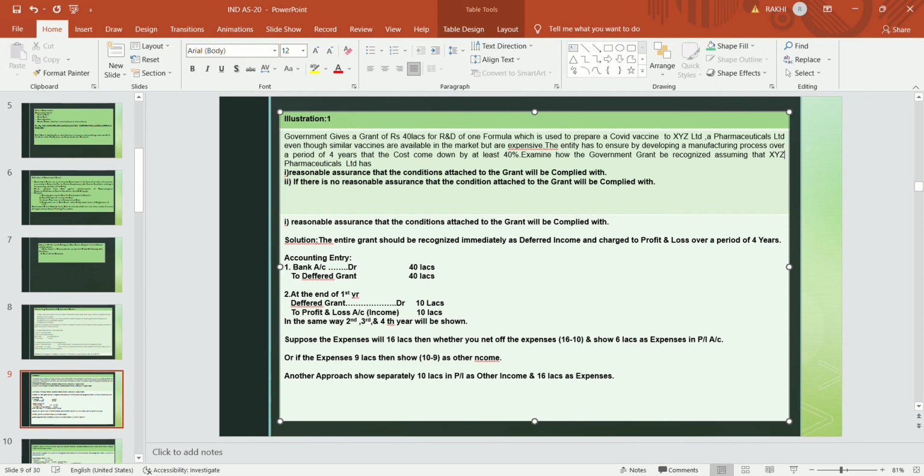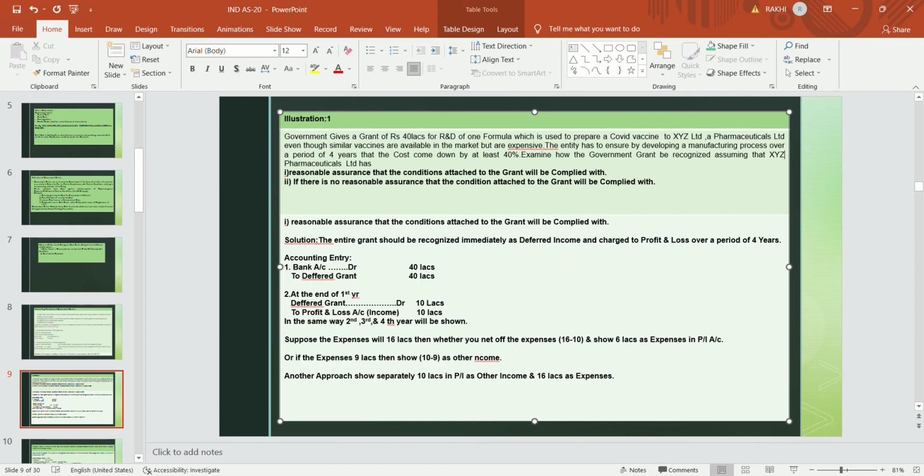In the same way, the second and third years will be shown. Suppose the government has given a grant of 10 lakhs, and the company has incurred 16 lakhs of expense on research and development. So 10 lakhs is treated as income, and 16 lakhs is treated as expense.